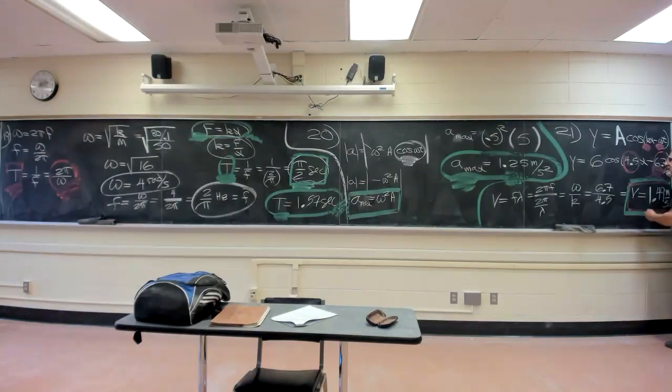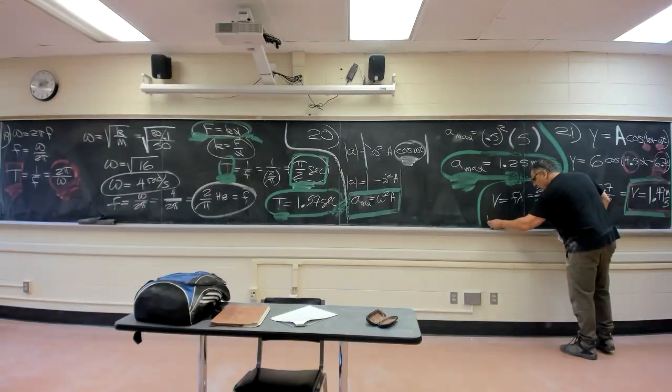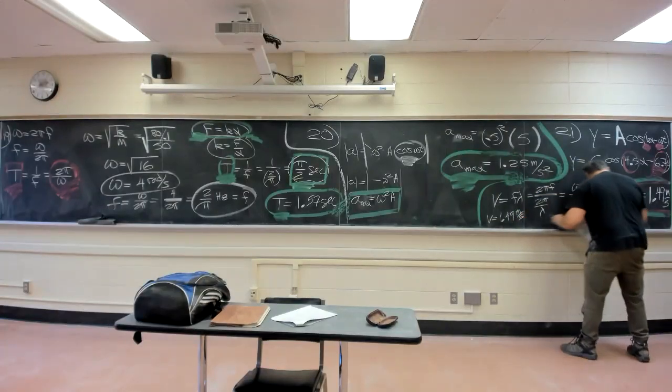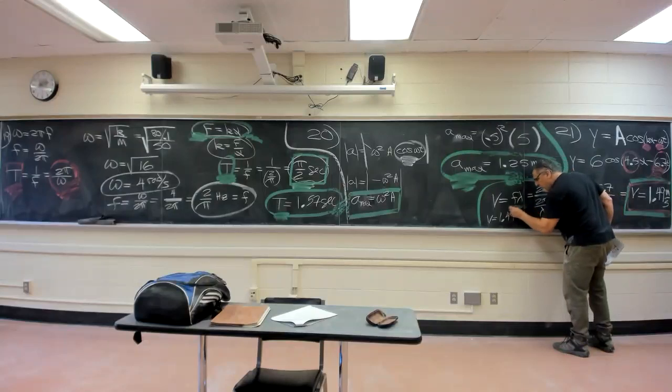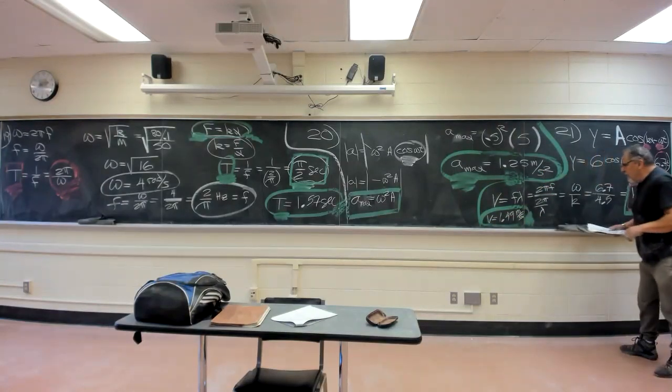Okay, guys, just in case, I'll put it down here as well. v is 1.49 meters per second, in case the stuff doesn't print out okay, at least on the film, but it should be okay for the most part. 1.49 meters per second.